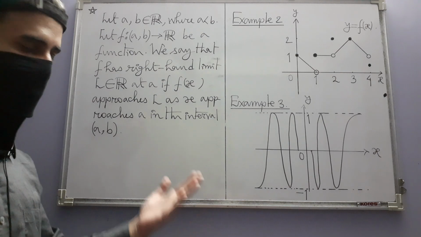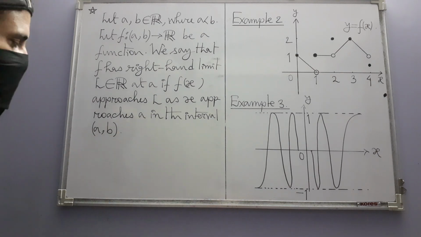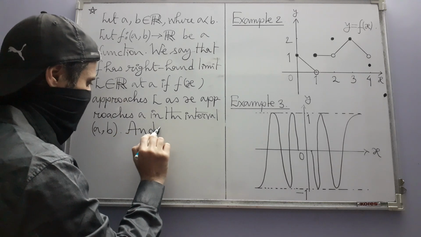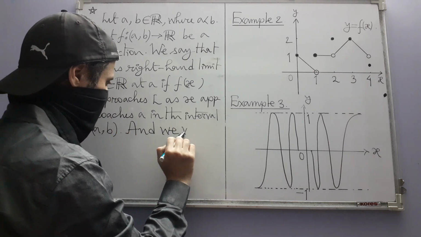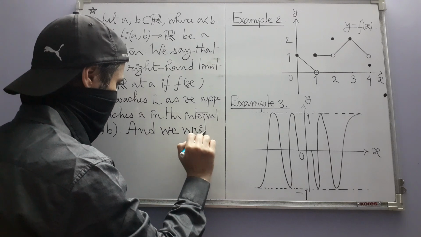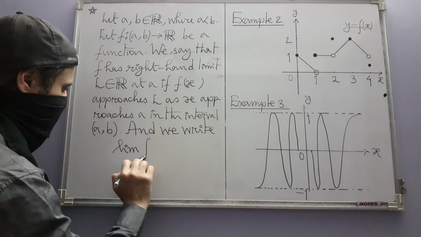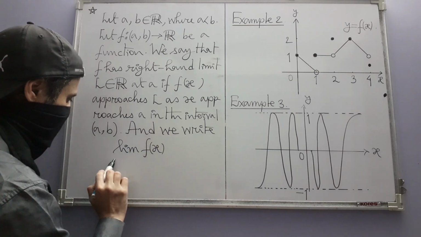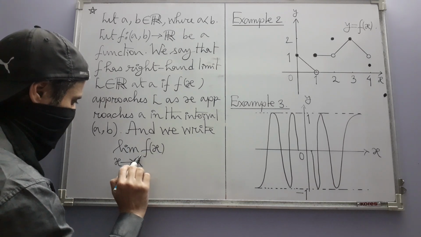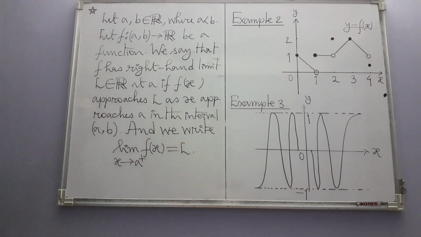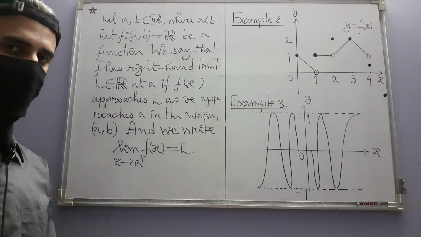Okay, so that's where the one-sidedness comes from. And we write the limit as x approaches a plus is equal to L. So that is the informal definition of right hand limit.